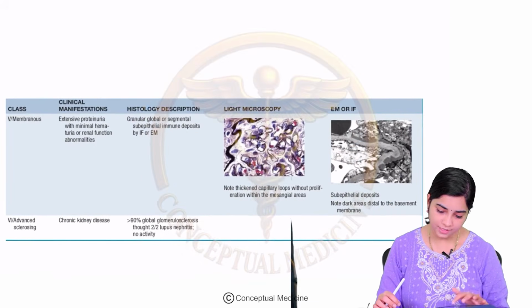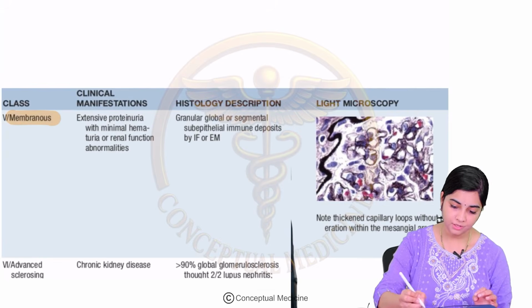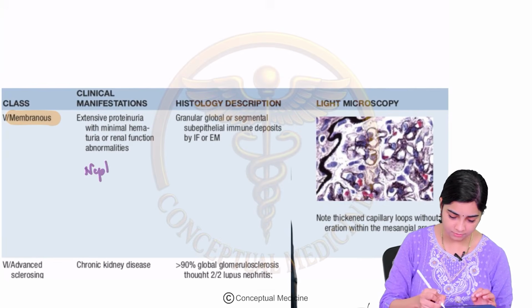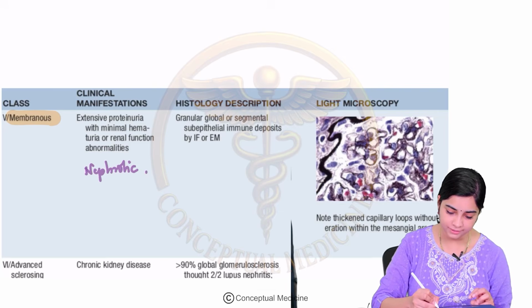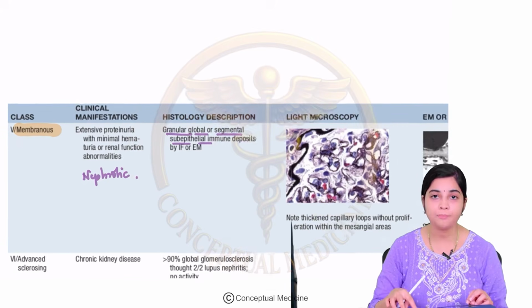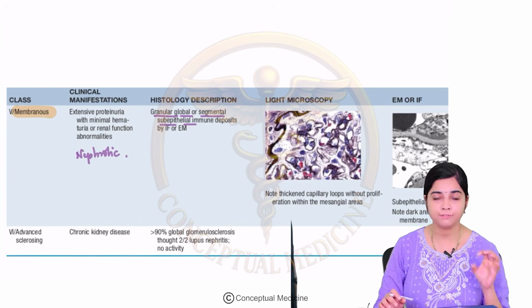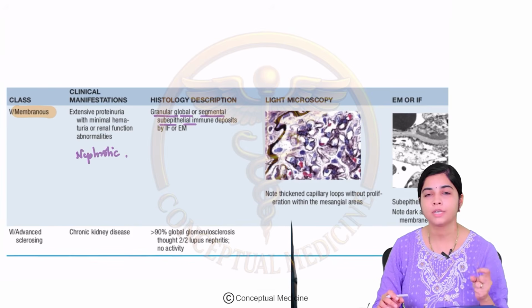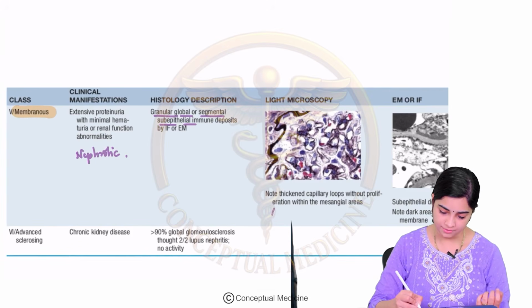Then class 5 lupus nephritis is called the membranous, where this presents predominantly with a nephrotic range proteinuria. There is an extensive nephrotic range proteinuria where you can have granular, global or segmental subepithelial deposits. Okay, so in membranous type, class 5 is similar to your membranous nephropathy, where you have thickening of capillary loops, you can have a tram-track appearance, you can have subepithelial deposits.